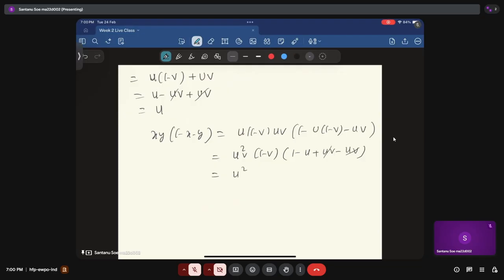So this will be u squared v, 1 minus v, and 1 minus u plus uv minus uv. So this will be u squared v, 1 minus v into 1 minus u. Correct?